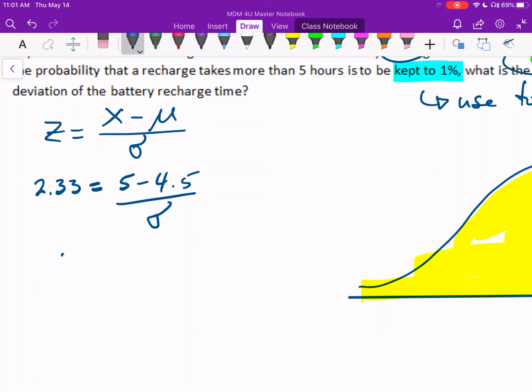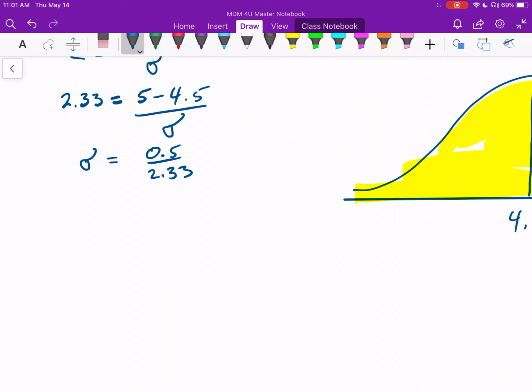So if I multiply both sides by sigma, it comes over to this side, divide both sides by 2.33, and as I subtract at the same time, I get 0.5 divided by 2.33. That's just rearranging it. And 0.5 divided by 2.33 equals 0.215.